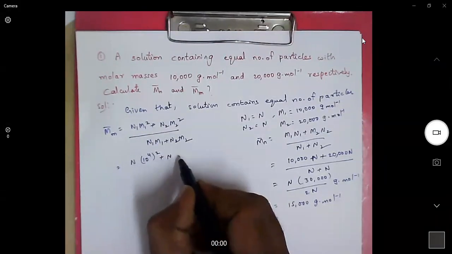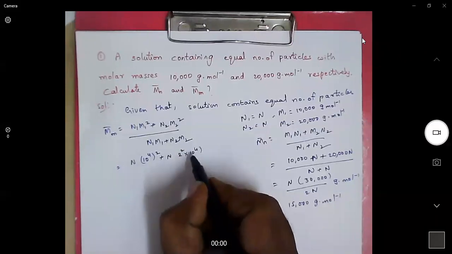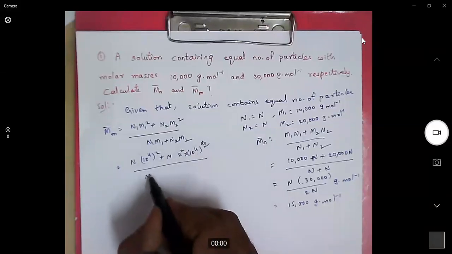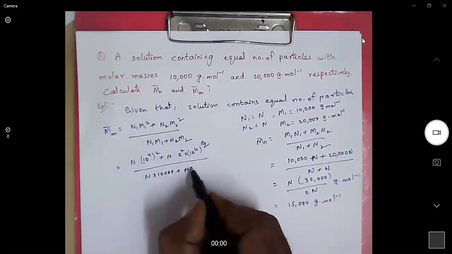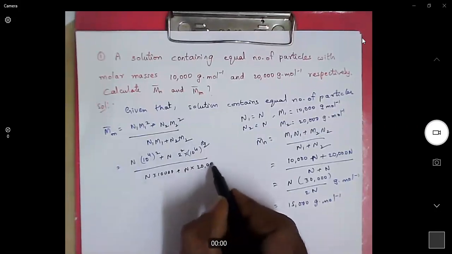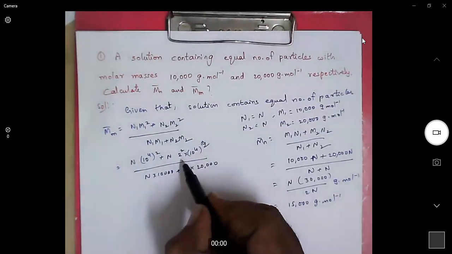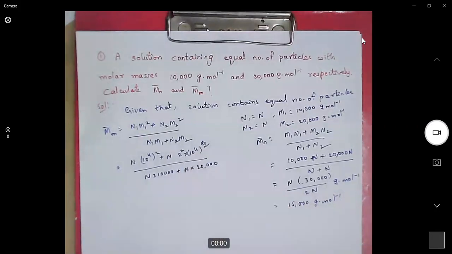N into 20,000 means 2 into 10,000. So 2 square into 10 power 4 whole square by N into 10,000 plus N into 20,000. The 20,000 we have separated as 2 into 10,000, 10 power 4.